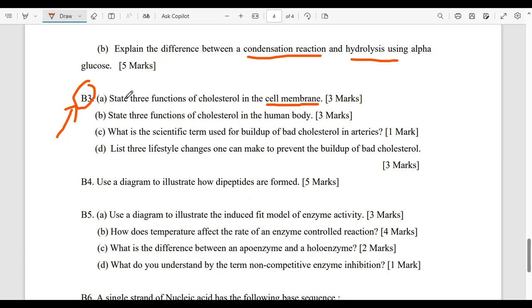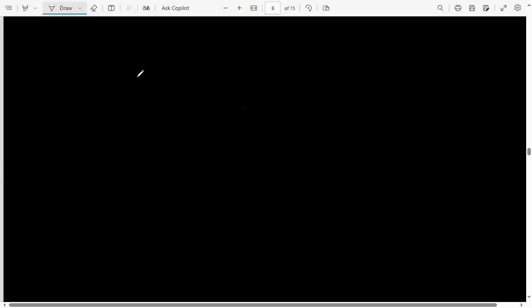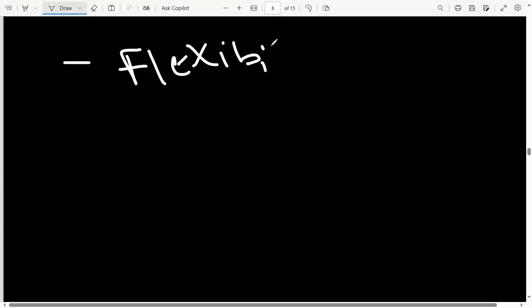When they say state three functions of cholesterol in the cell wall, in the cell membrane I mean, you can state these three. You can say it maintains flexibility of the cell membrane, to allow the passage of substances in and out of the cell.